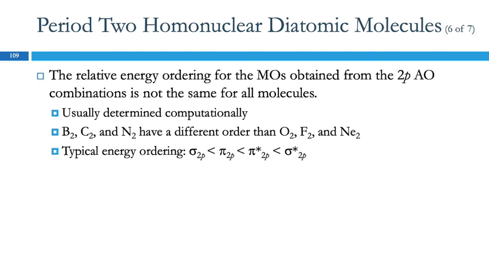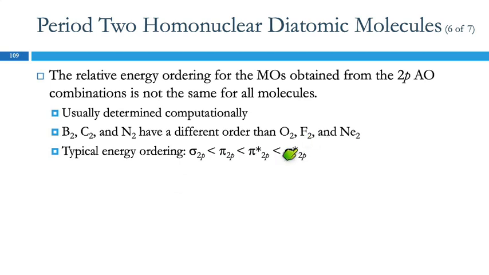Okay, so how do these molecular orbitals from the p orbitals, how are they in energy? Well, it's not actually the same for all of the elements, which is kind of a bummer. Boron, carbon, and nitrogen have a different order than oxygen, fluorine, and neon.